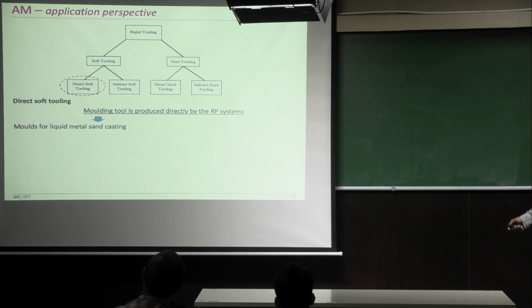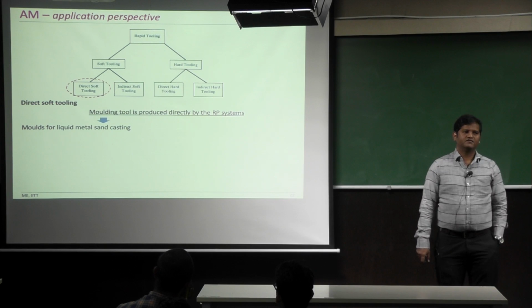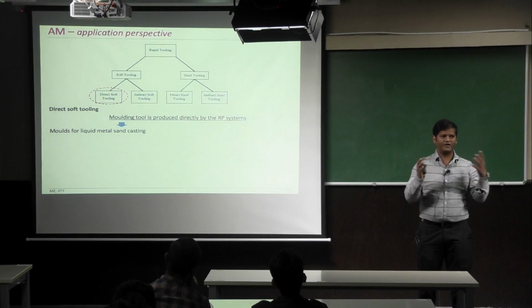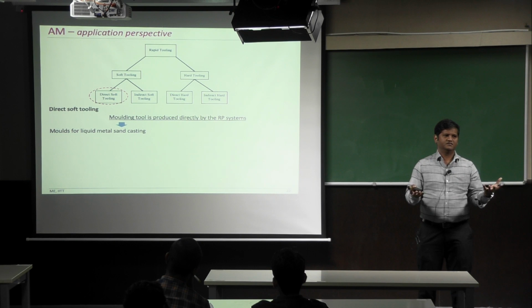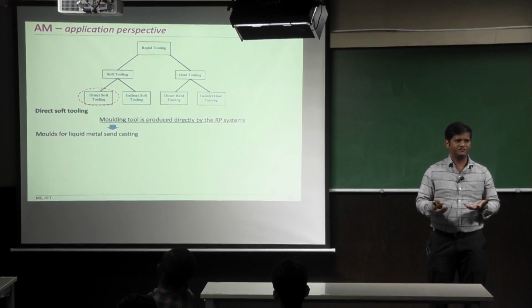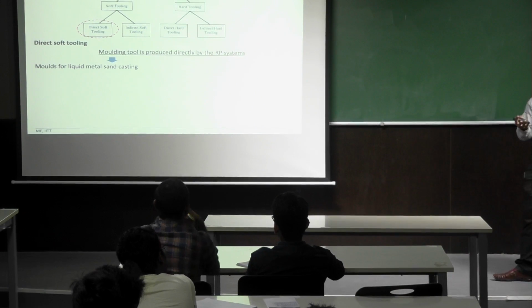So one example of direct soft tooling is molds for liquid metal sand casting. In sand casting, we prepare molds. We use the green sand and we prepare the molds, right? Mold cavity with the sprue, riser and runner. Do you remember? So here these molds can be 3D printed.